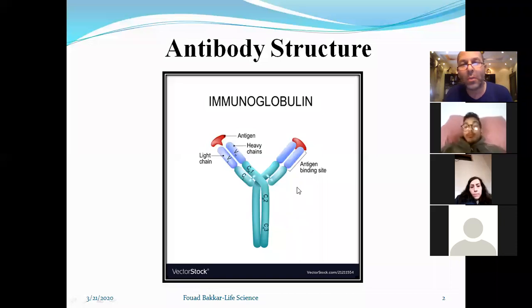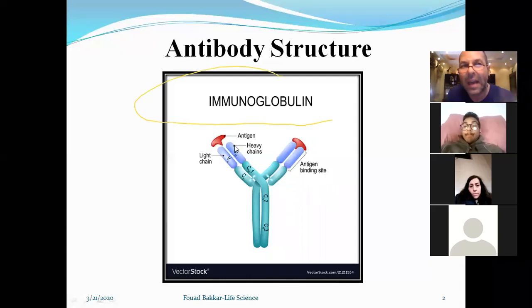That Y-shaped protein is distinguished at the bottom by the constant part that can be fixed on our body receptors. Some types of body cells have constant regions that can fix these antibodies, but what is most significant in the upper part is the presence of two binding sites, which is the conjugation of the heavy and the light chain. These two binding sites are very significant because they enable a particular antibody to bind to a particular type of epitope.